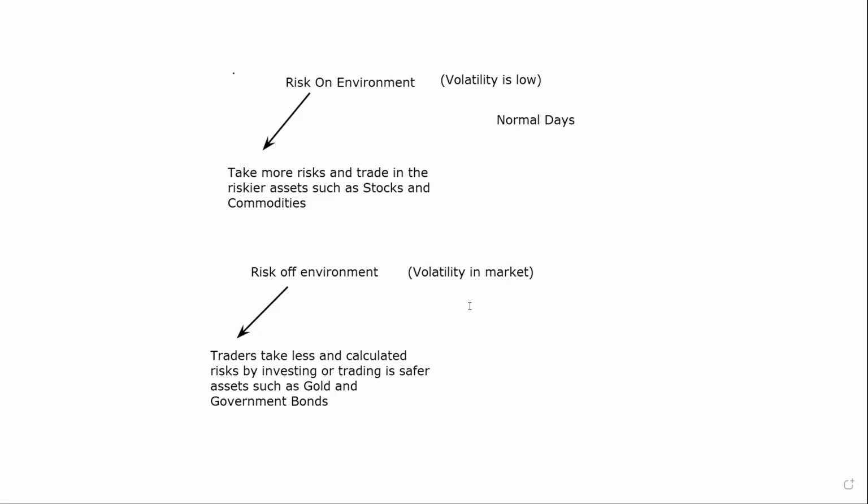And in the geopolitical turmoils, when the volatility in the market is high, then the trader employs risk off environment. When is the volatility high, or what are the examples of the geopolitical environments?